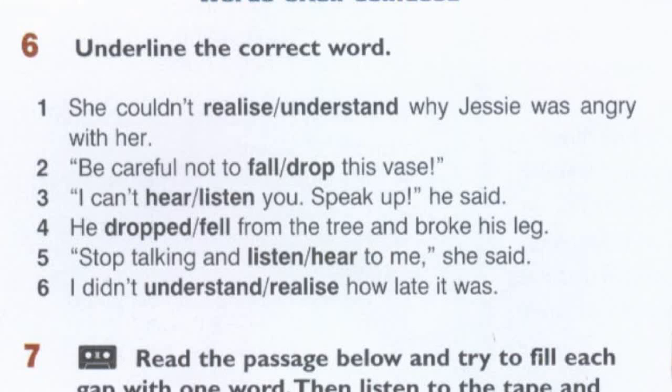Number four, he dropped or fell. Easy for you, I explained. Number five, stop, easy for you. Number six, I didn't understand or realize how late it was. So realize means being aware of something. So I didn't realize how late it was.